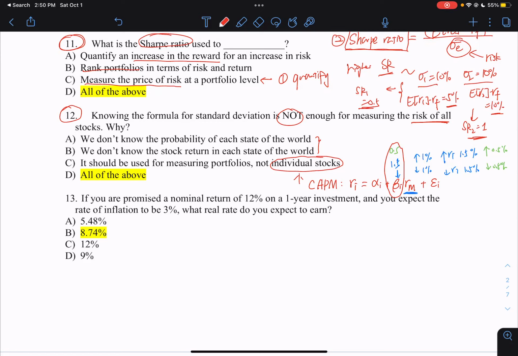Then you cannot use the standard deviation. What you use is what I just described, the CAPM model, which we will talk about later. The key takeaway of this question is to remind you that standard deviation can only be used for portfolio risk, not for all the individual stocks.